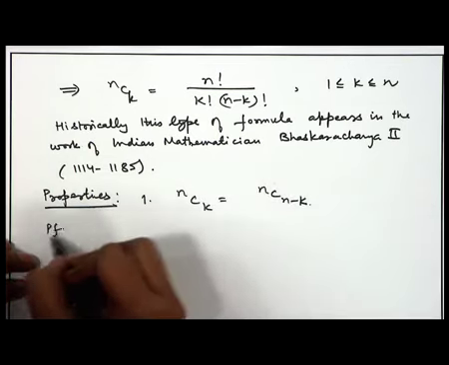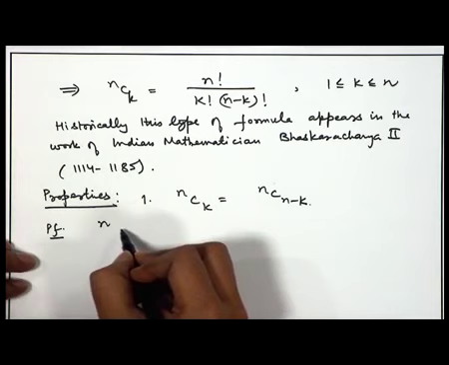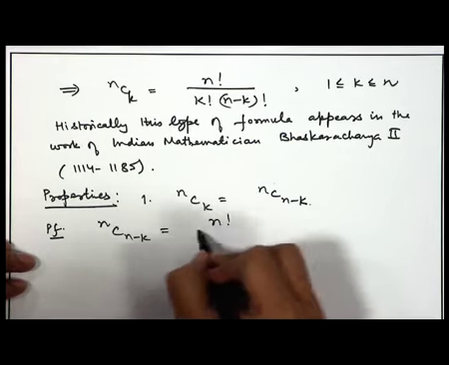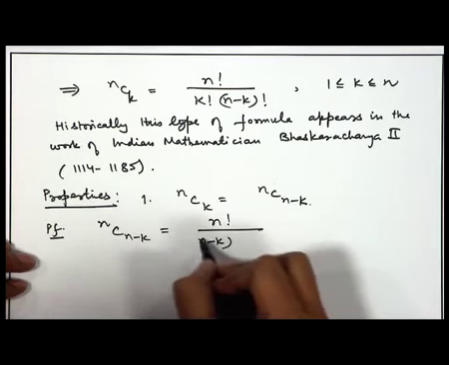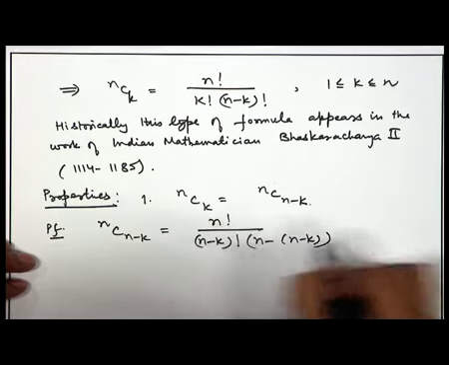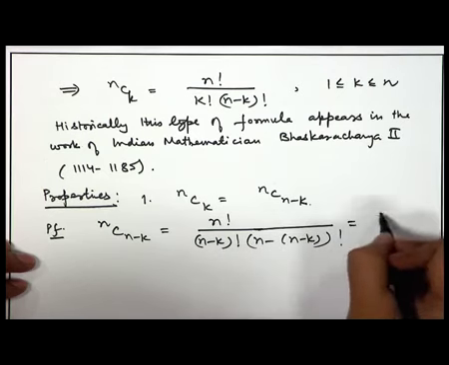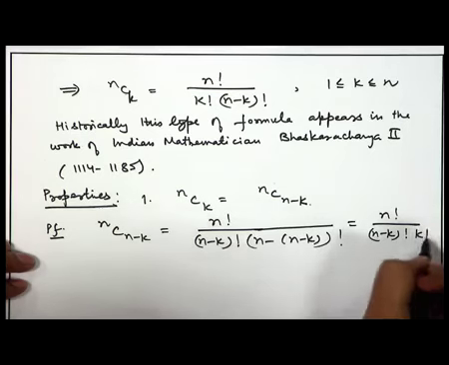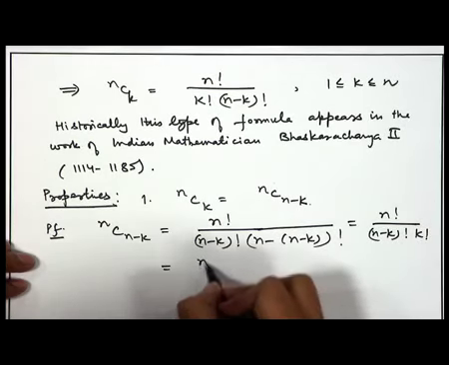The proof is extremely simple because it is just based on what you are writing. So, n c n minus k is equal to n factorial divided by n minus k factorial into n minus n minus k factorial, that is equal to n factorial divided by n minus k factorial into k factorial, which is nothing but again n c k.